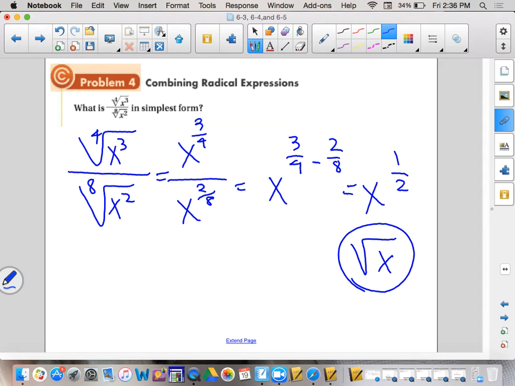So this part is basically just like 6-2. You're just learning how to do your exponent rules. From here to here.